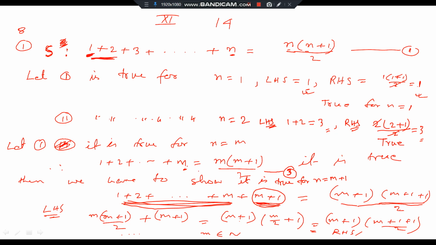After that you have to show that the statement is true for n equal to m plus 1. If you can show that, then by mathematical induction we can tell the statement is true for all integral values of n. That is why the statement is proved. That's all.